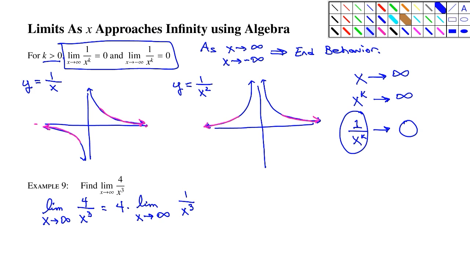Now we can apply my new rule in the box above, that says the limit as x goes to infinity of 1 over x to the k goes to 0. The k here is 3. So this is equal to 4 times 0, and that's equal to 0. So this limit is 0. Multiplying it by 4 really didn't do much.